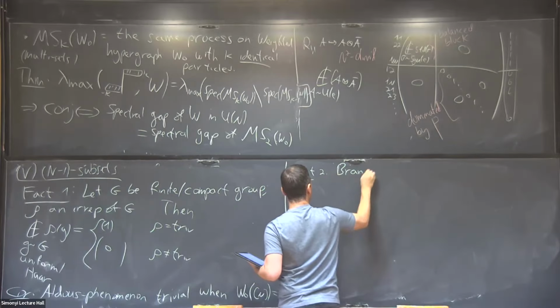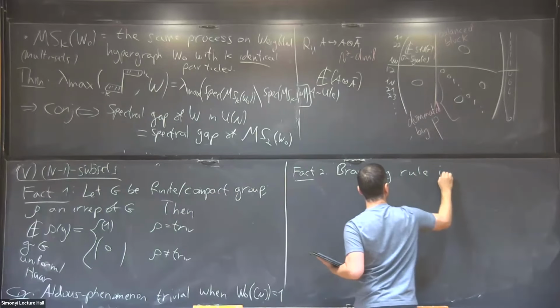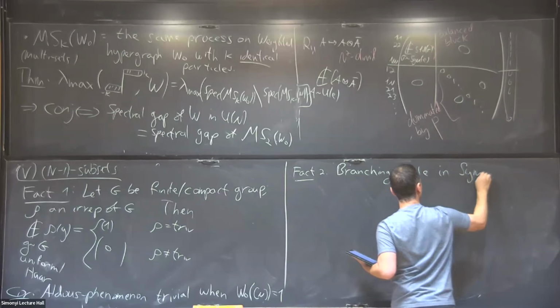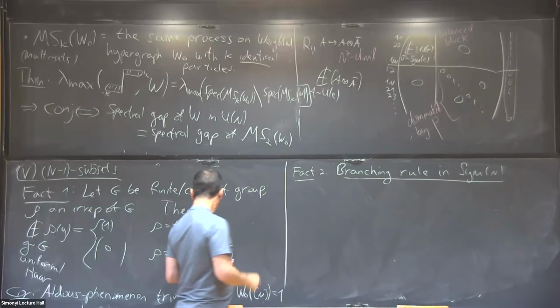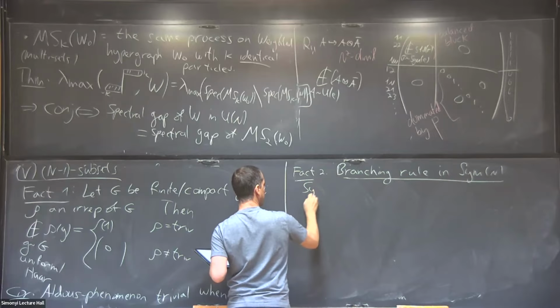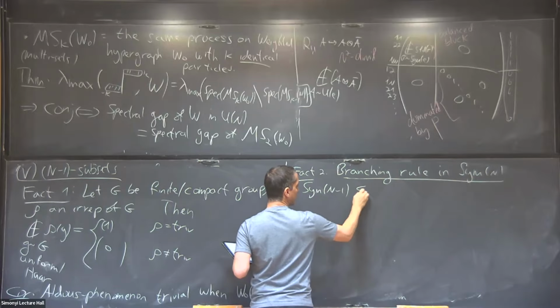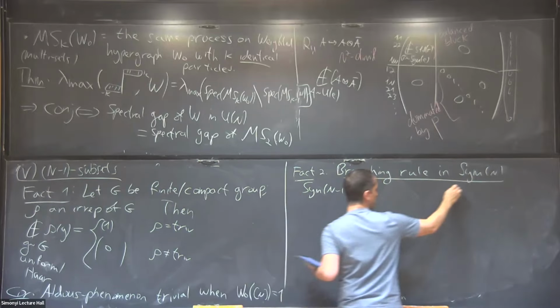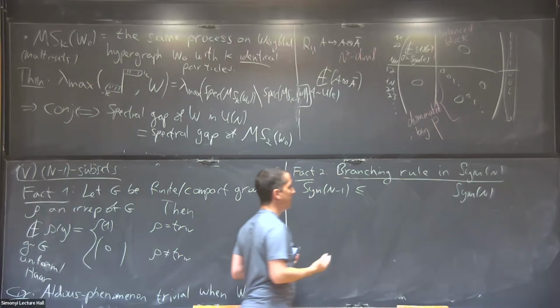Branching rule. Okay, what is the branching rule? First of all, in Sn, the symmetric group on n-1 elements, I can think of it as a subgroup of the symmetric group on n elements in a natural way.